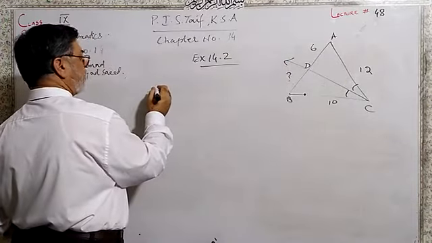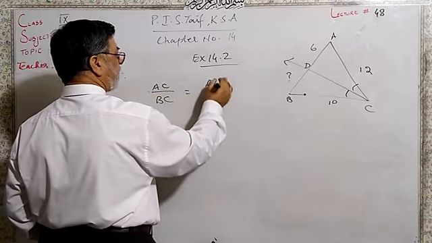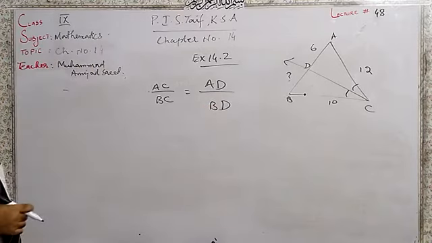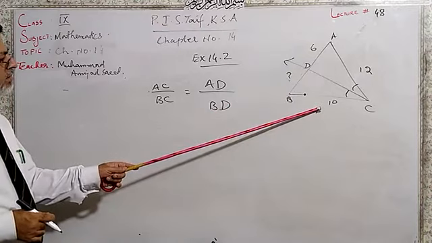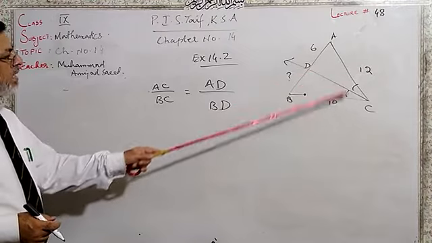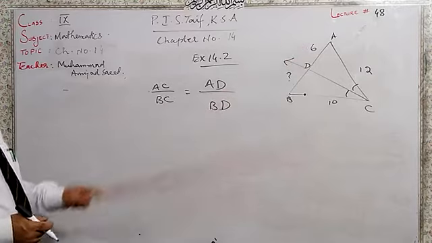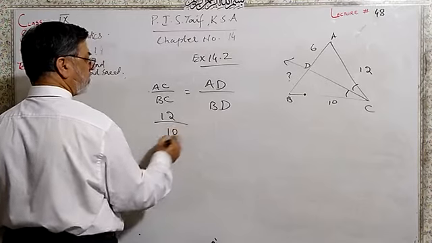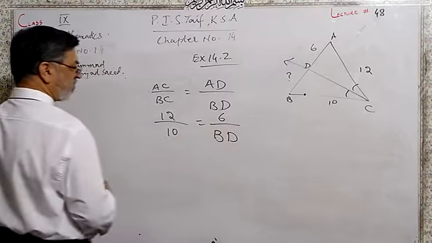So what is the ratio of arms? AC over BC is AD over BD. Yes, AC over BC. That was theorem 14.1. So AC ratio BC is equal to AD ratio BD. AC is 12, BC is 10. AD is 6, and BD will be like that.